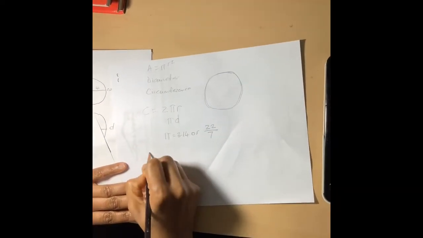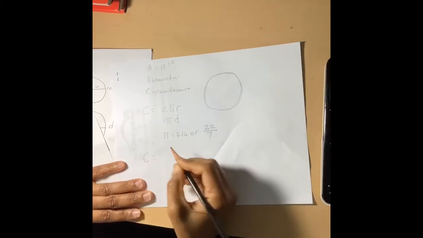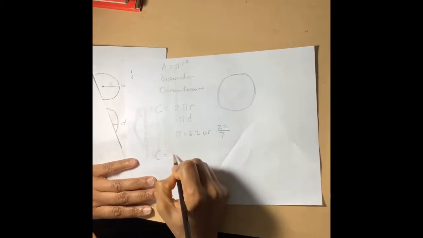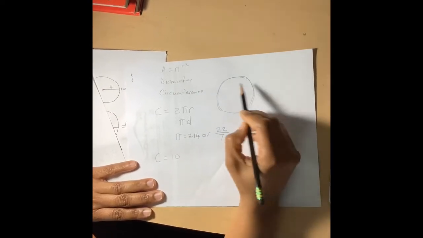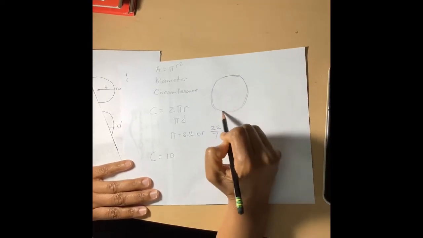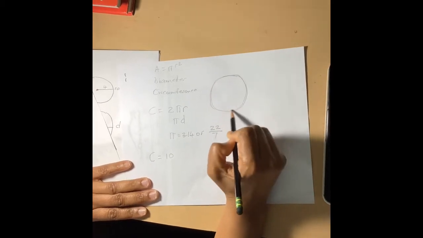All right, so let's see. Given C is equal to, let's say, 10. Let's say we have a circumference of 10, and we want to find the area of this circle.